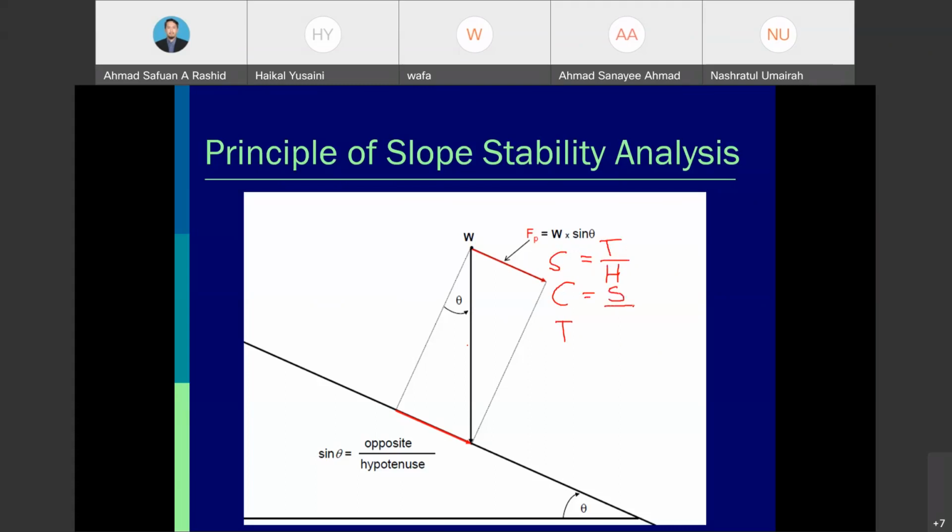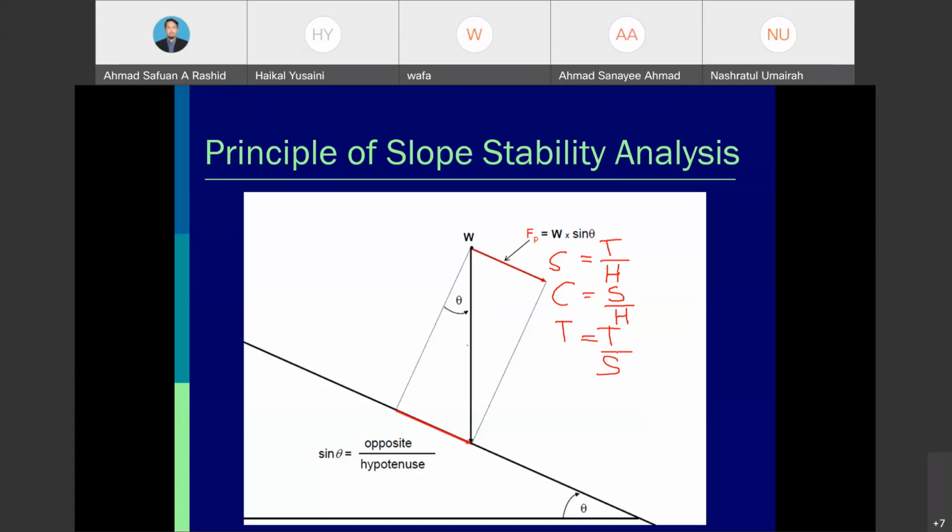S is sisi, adjacent, while H is hypotenuse. For the tangent, T is tentang, opposite, and S is adjacent, sisi. So with simple wording, I don't memorize. If I memorize, it would not be difficult. So I still remember and use it until now.